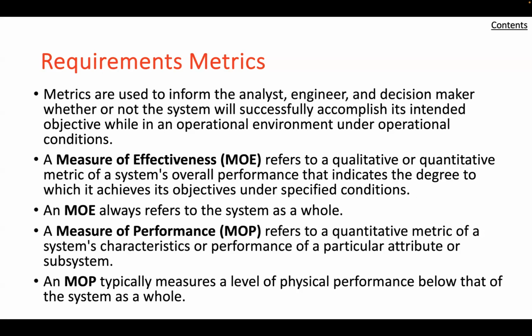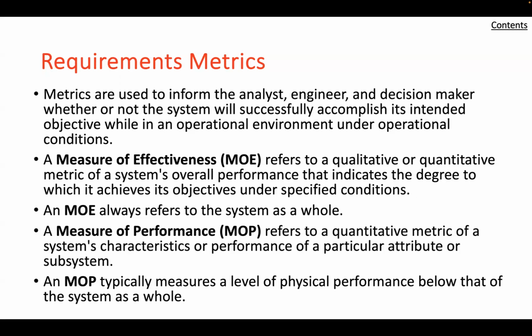Many terms exist to describe these effectiveness and performance metrics. Two commonly used, and ones we will use throughout this book and in our lectures, are measures of effectiveness, MOE, and measures of performance, MOP. Unfortunately, no universal definition exists for these terms, but the basic concept behind them is crucial to understanding and communicating a system concept.